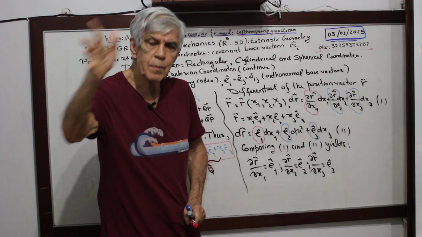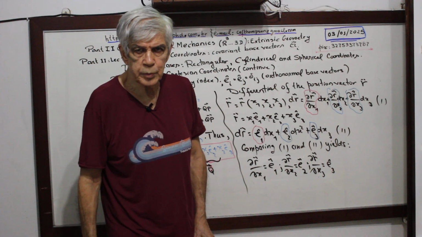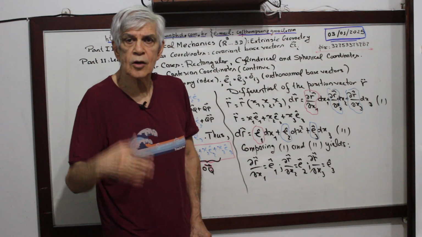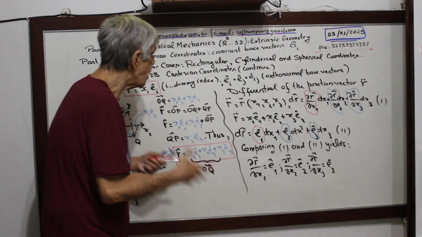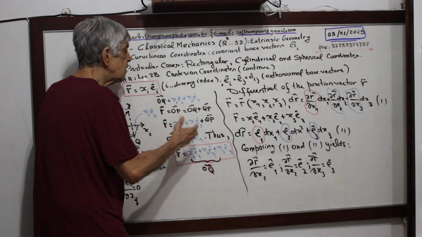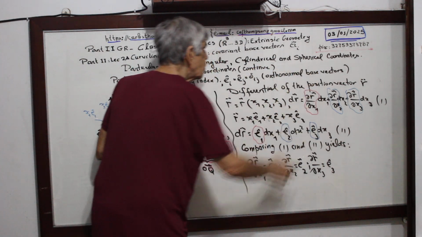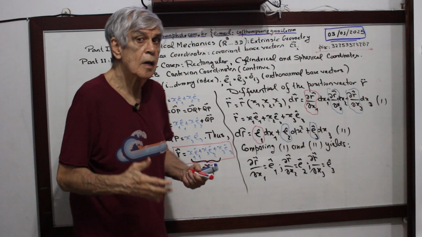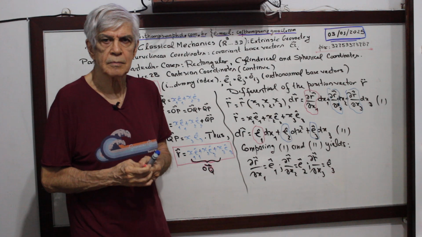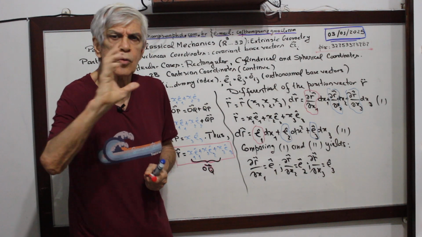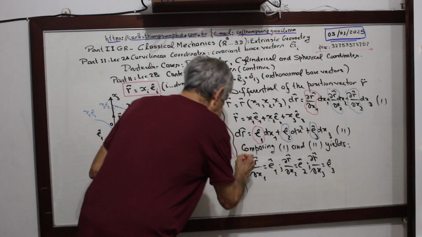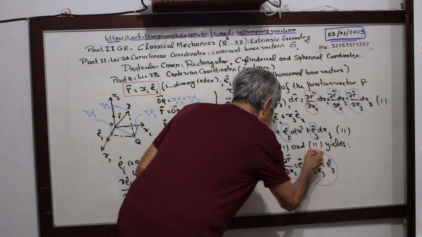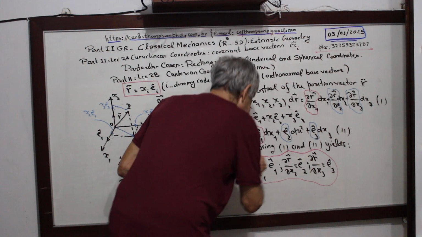Any curve that will be a coordinate, a general coordinate, any curve. That's why I'm insisting on saying that cylindrical and spherical are curvilinear coordinates, but they're special, they're particular. That's very important.